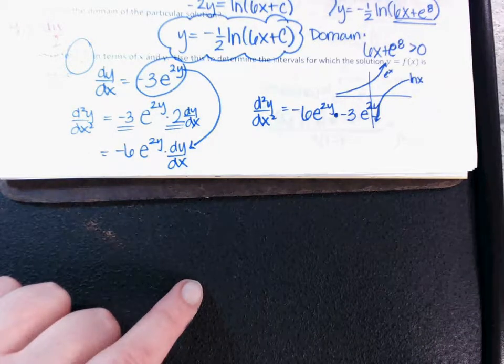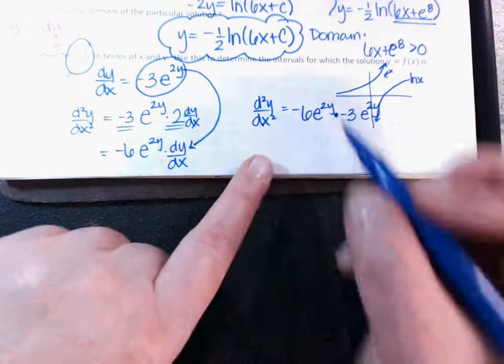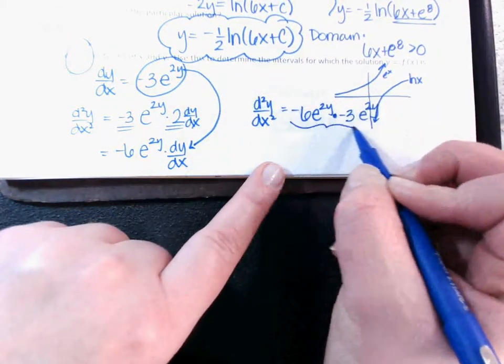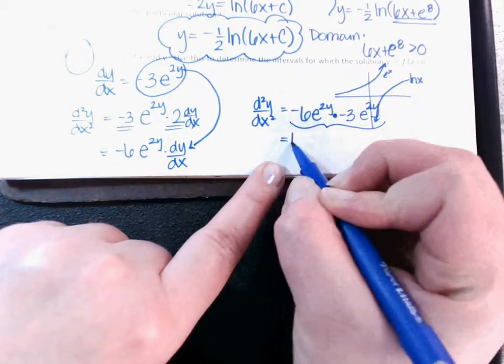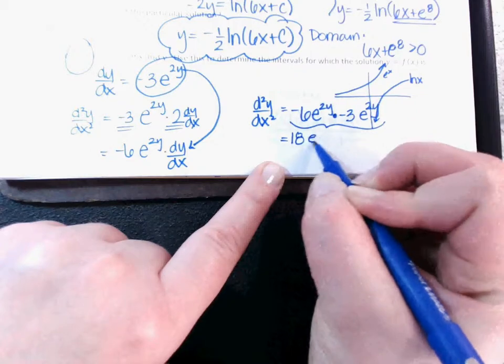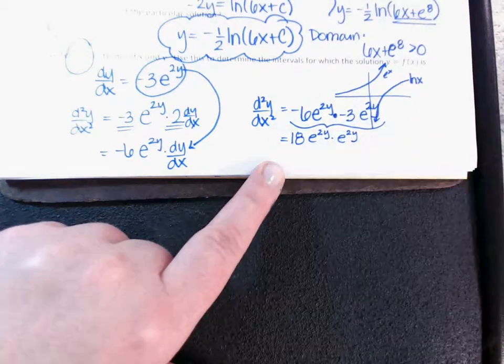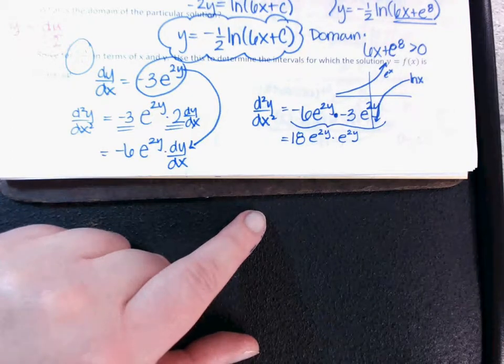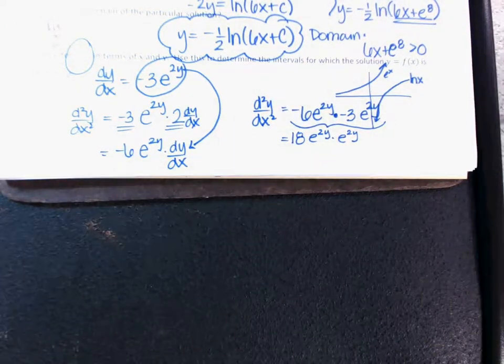Now, the second part of the question says determine where the solution is concave up. I want you to look at your second derivative. What is negative 6 times negative 3? Positive 18. And then you have an e to the 2y and an e to the 2y. Can either one of those e's be negative? No. So you have a positive 18, because the negative's crossed out, multiplied by two sets of e's that also have to be positive.